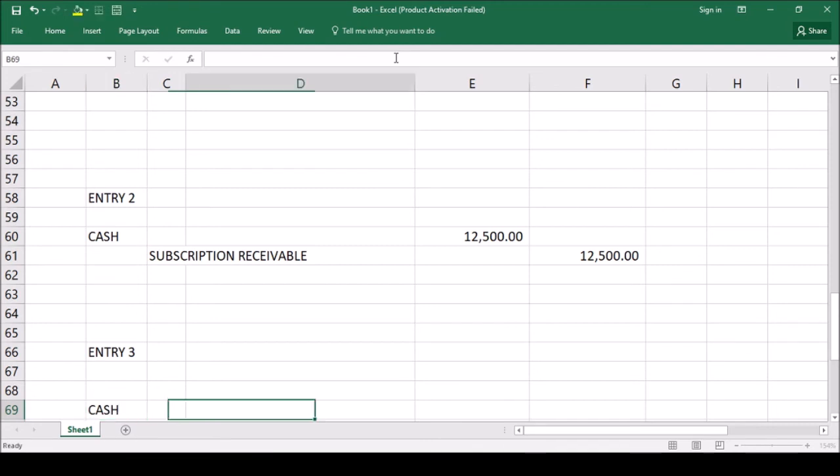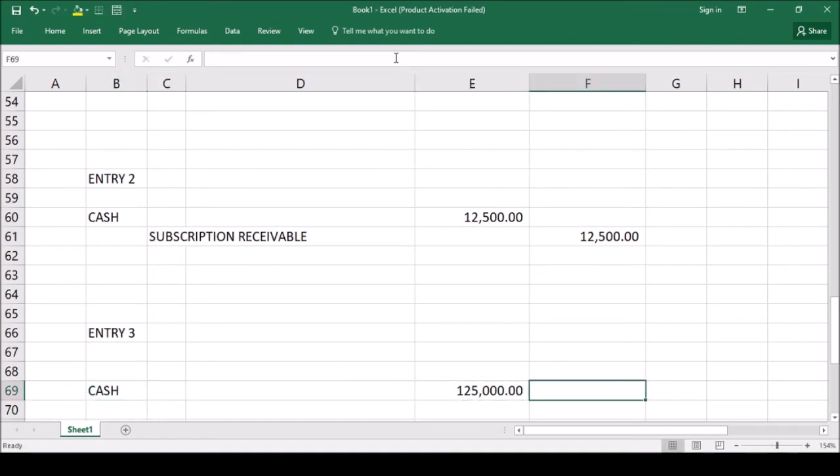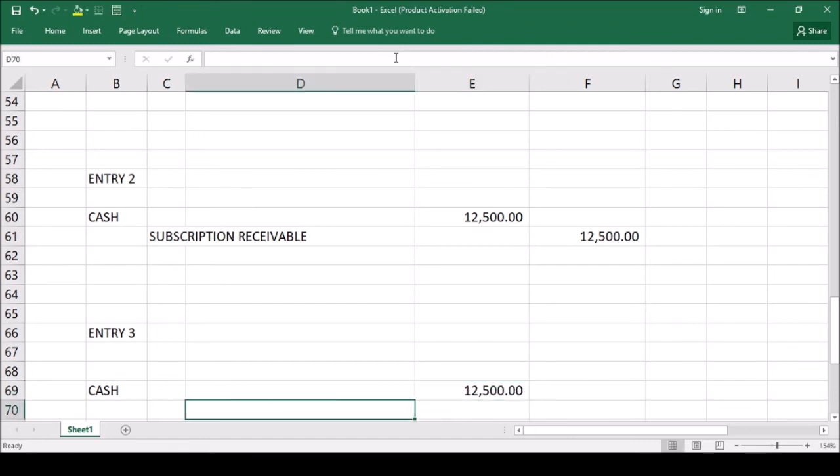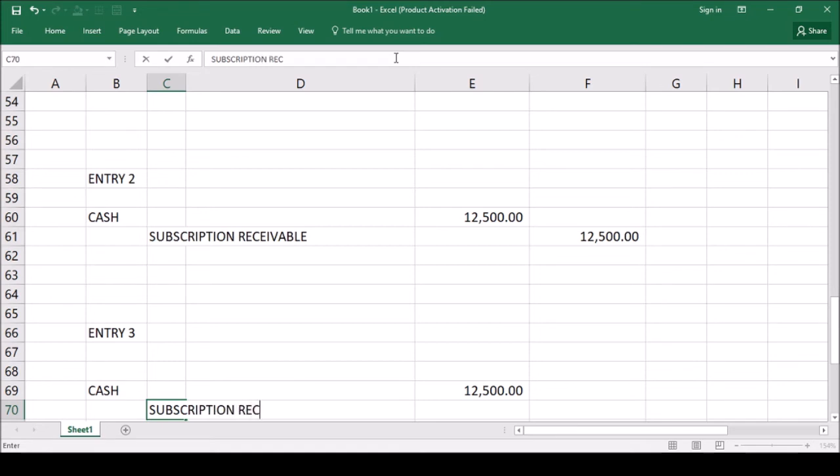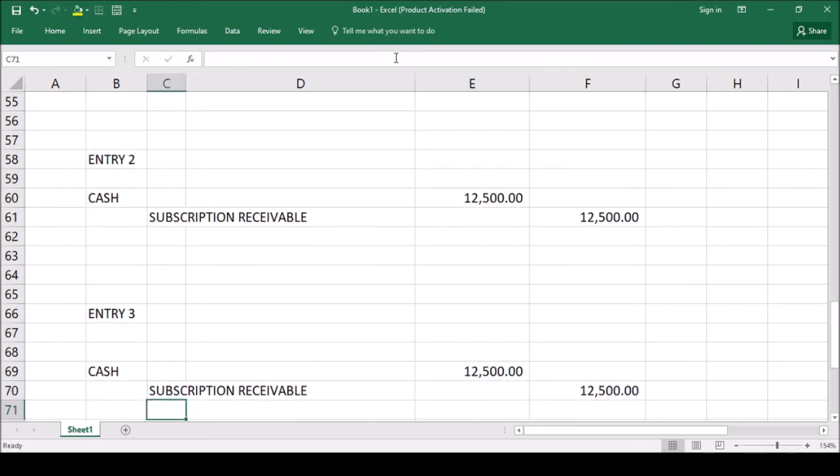So, we receive 12,500 because 12,500 is the remaining balance from the subscription receivable coming from that particular subscriber. And then, we credit subscription receivable. Okay? So, that is 12,500.